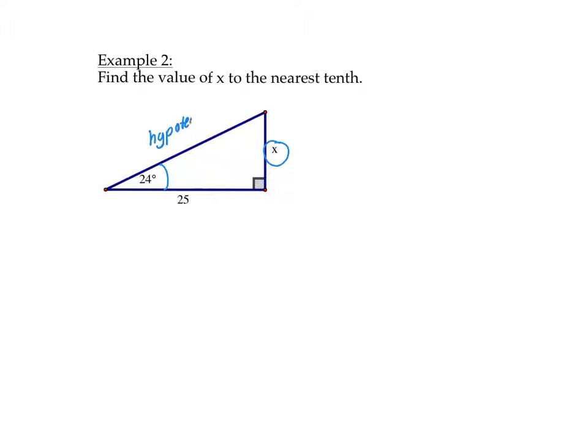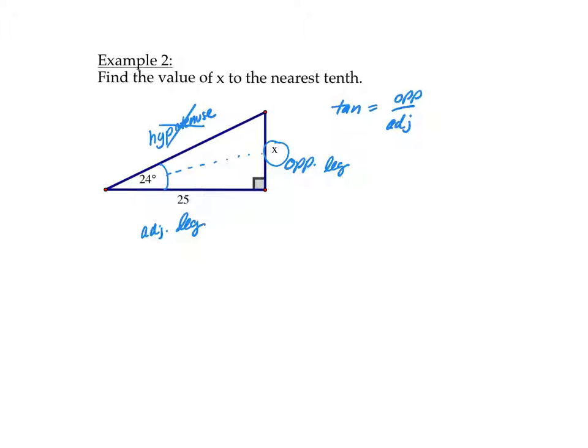So this side is the hypotenuse, but we don't really care about it because tangent, if you recall, is the ratio of the opposite leg to the adjacent leg. So for where the 24 degrees is placed in our picture, the side marked with X is the opposite leg, and the side marked with 25 is the adjacent leg.